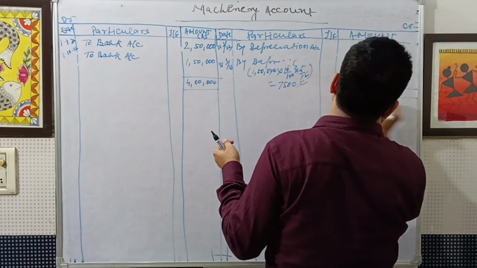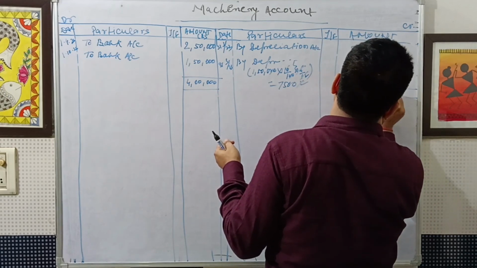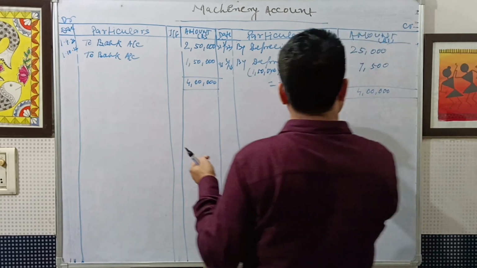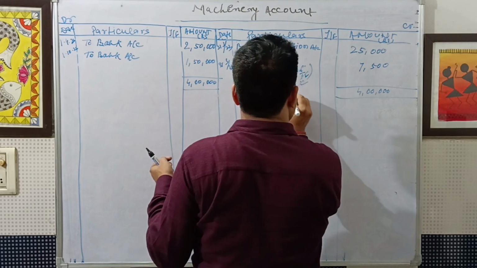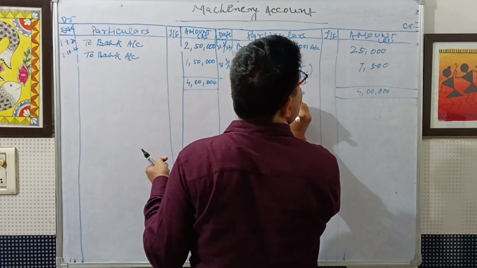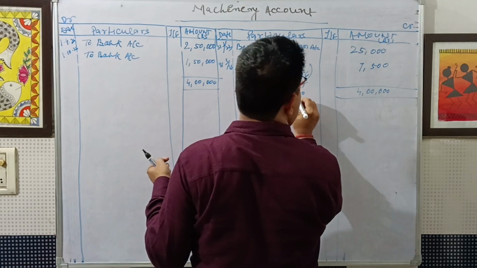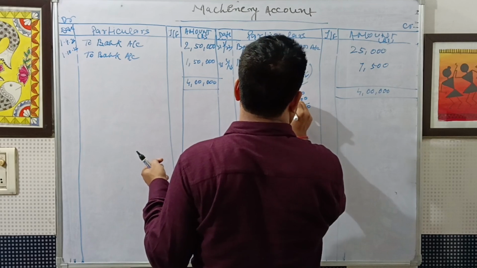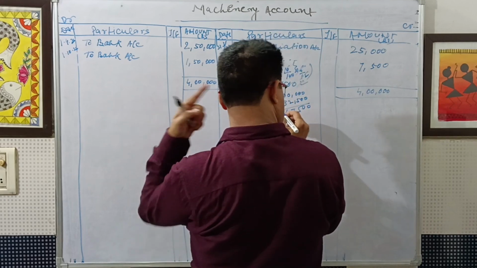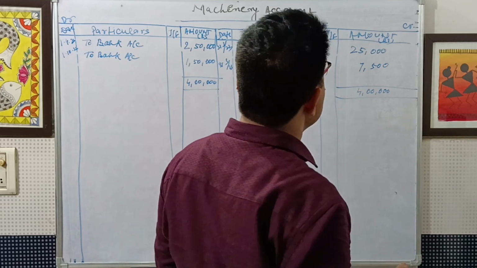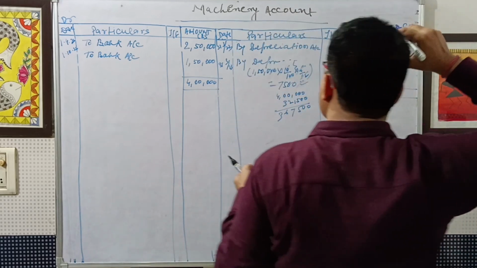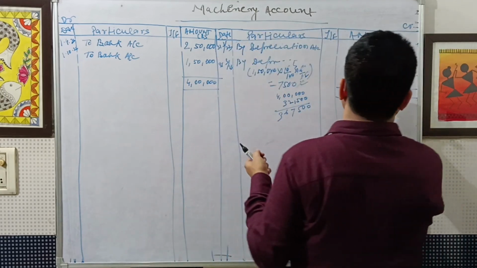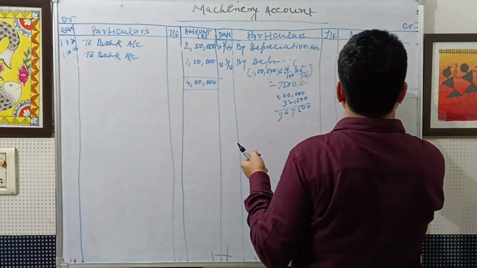Right down here is the 4 lakh. 4 lakh minus 32,500 is 3,67,500.